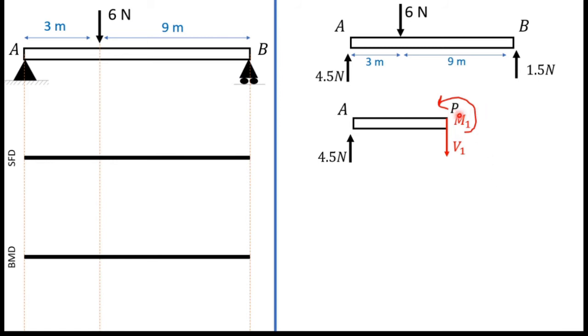So I mark this point as P and this length as X. This X is measured from point A, and please keep in mind I consider this part and I am going to draw diagrams for this part.